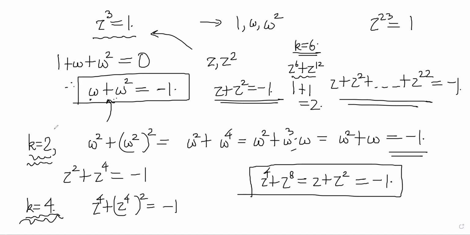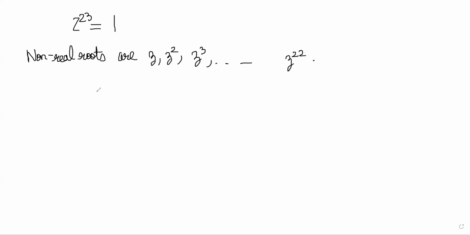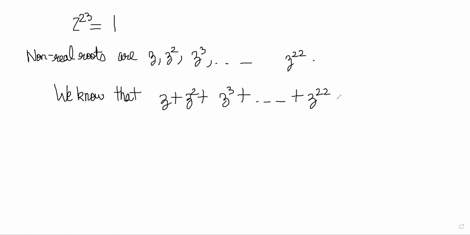So in the case of our problem, if z power 23 is equal to 1 and the non-real roots are z, z squared, z cube till z power 22, we know that z plus z square plus z cube plus ... plus z power 22 is equal to minus 1. We have just now seen examples.